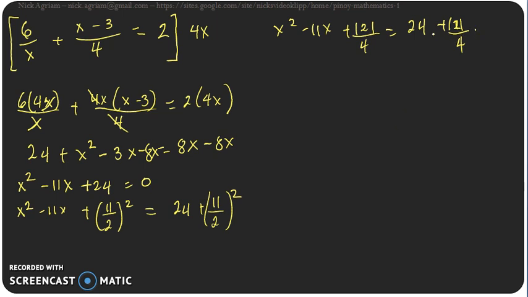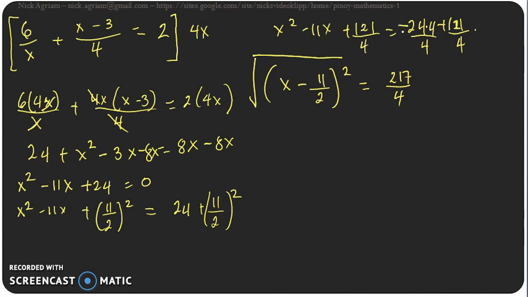So if I expand 24 with 4, then on the left side now is x minus 11 half squared, is equal to 24 times 4, 96, plus 121.